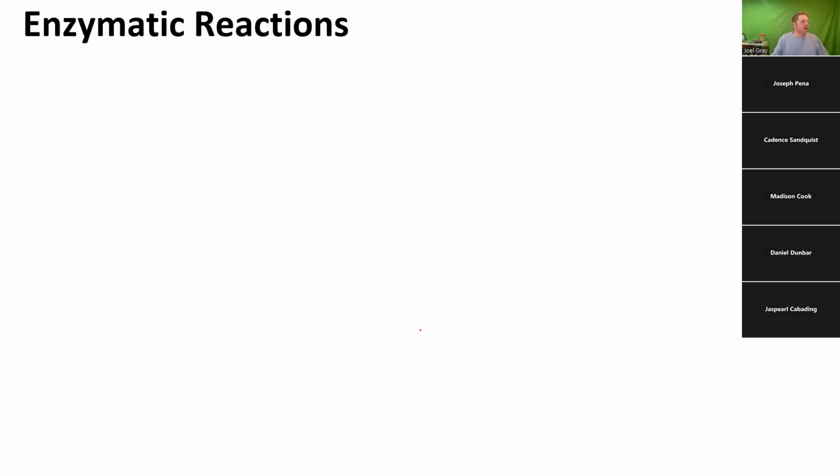Here we go. An enzymatic reaction: we have reactant A or substrate A going to product B. Now, at equilibrium, the concentration of A at a given time is equal to the concentration of A 5 seconds, 5 minutes from there, because we're at equilibrium. Those concentrations of reactant A, that's not going to change because we are at equilibrium.